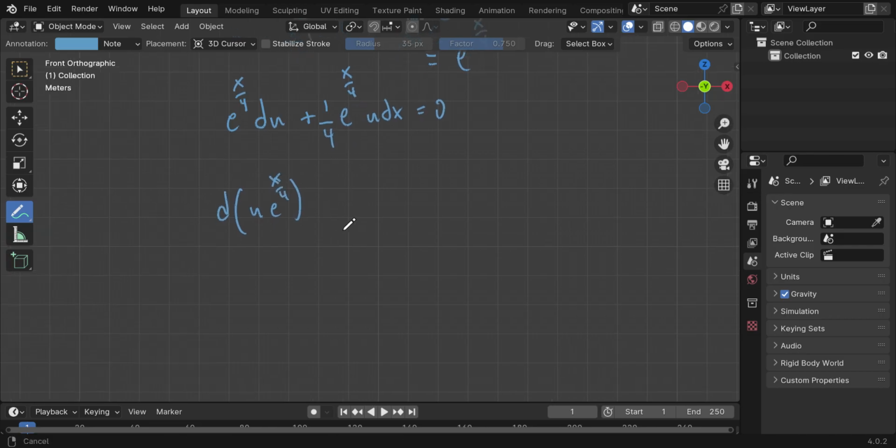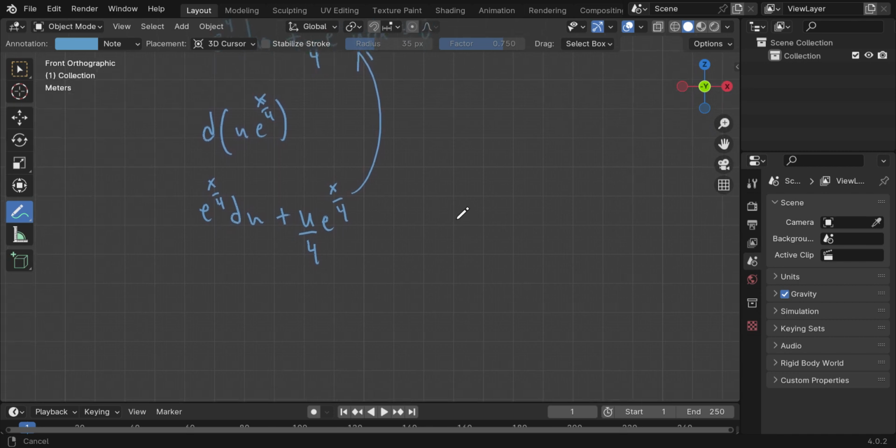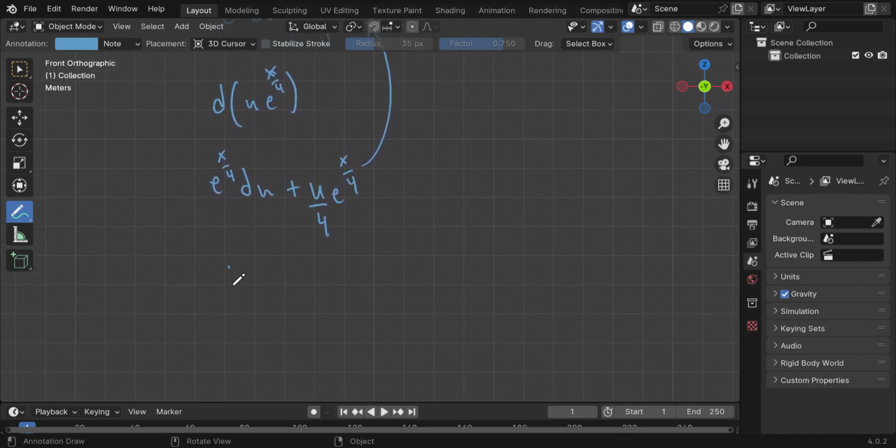We should get e to the x over 4 du plus u times the derivative of that, which matches up. So that's exactly what we have here. So d of u e to the x over 4 equals 0.